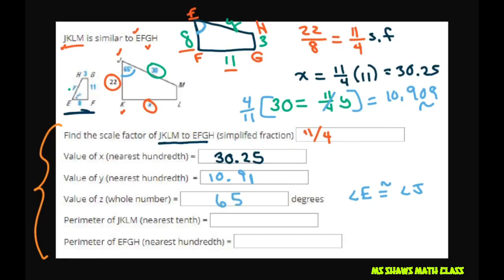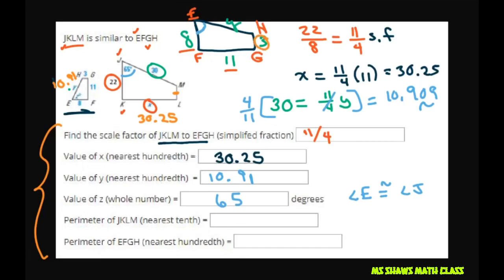And now we have to add the perimeters up. And the only thing I'm really missing is I have my Y. This is 10.91. My X was 30.25. But I need to get this value here. And that matches up to the 3.